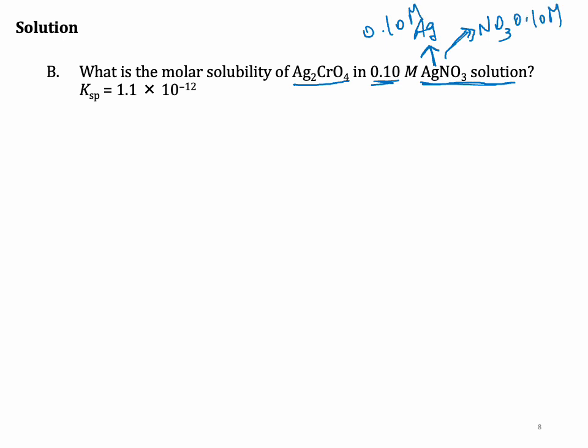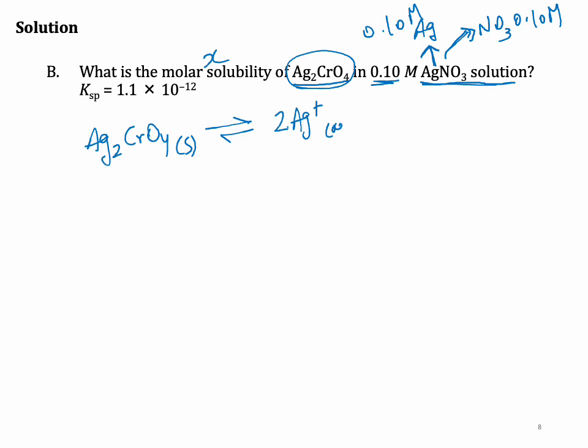And the ion that I'm interested in, the X, I'm interested in this. So if I write the expression for it, Ag2CrO4 solid dissociates to give us 2 silver ion, 1 CrO4 ion. I do not care about this.